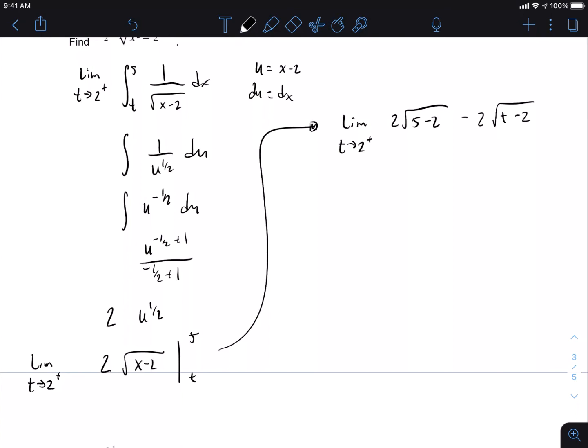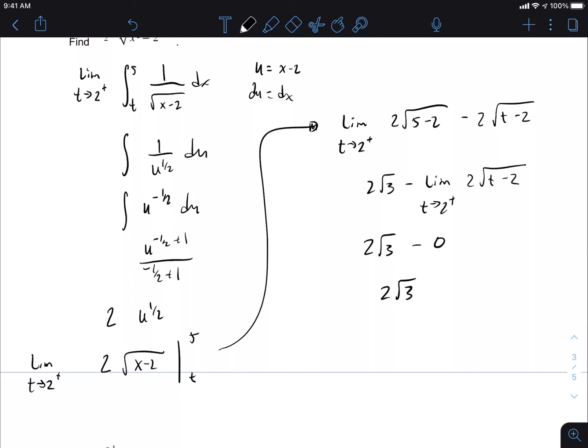Agreed? We know that the first one's just going to be 2 root 3 minus the limit as t approaches 2 from the right of 2 root t minus 2. Right? I don't want to direct sub yet. So when I direct sub there, don't I get 2 root 3 minus 0? Correct? So our answer ends up being 2 root 3.